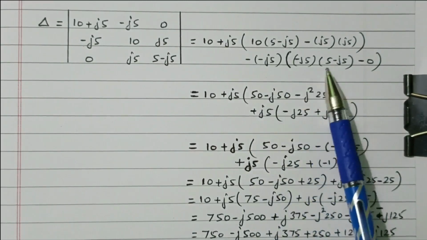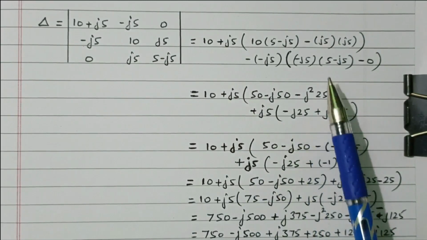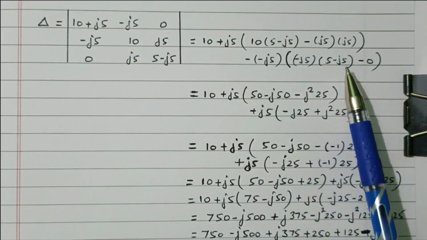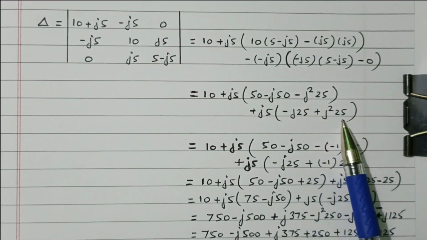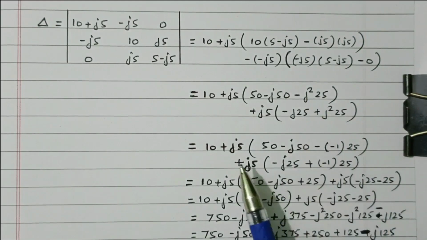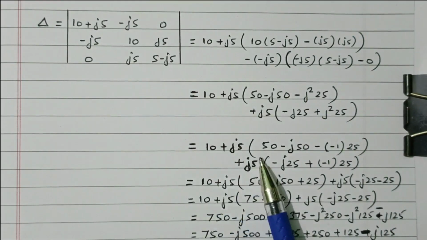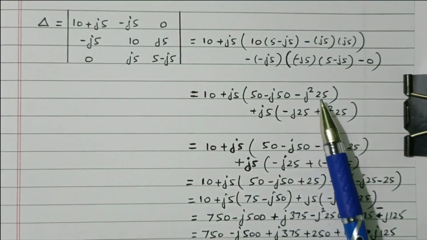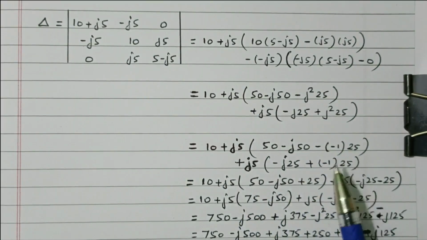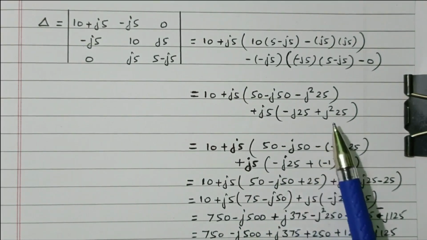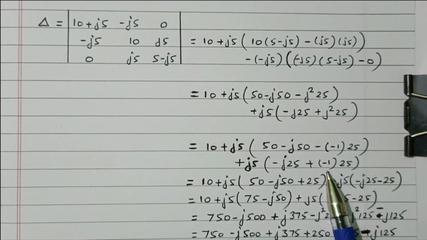So multiplied inside, -j5 into 5, so -j25. -j5 into -j5, so it is plus j square 25. We know that j square value is -1. We will substitute that: (10 + j5) into (50 - j50 - of this j square is -1 into 25 + j5 - j25 + this j square is -1, 25).